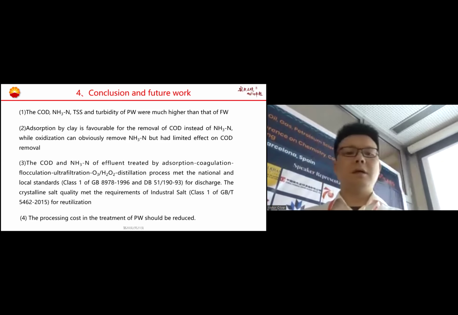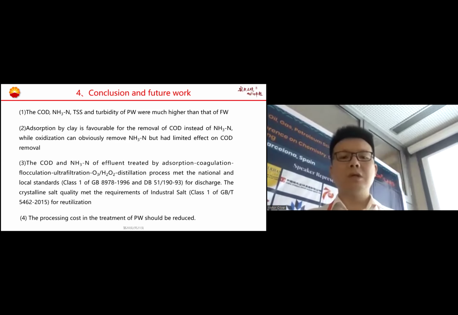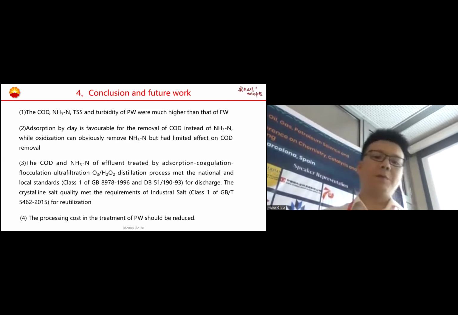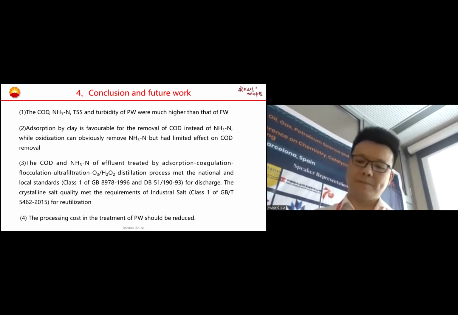Thirdly, the COD and ammonium nitrogen of effluent treated by adsorption, coagulation, flocculation, ultrafiltration, ozone, hydrogen peroxide, distillation process can meet the national and local standards for discharge, and the crystalline salt quality can meet the requirements of industrial salt for reutilization. Lastly, the processing cost in the treatment of produced water should be reduced.